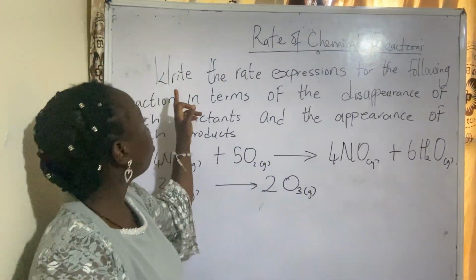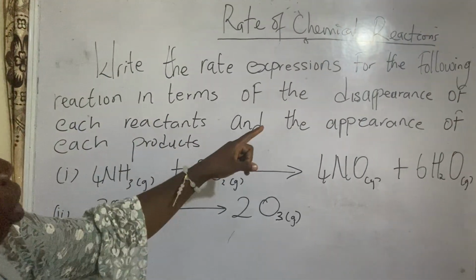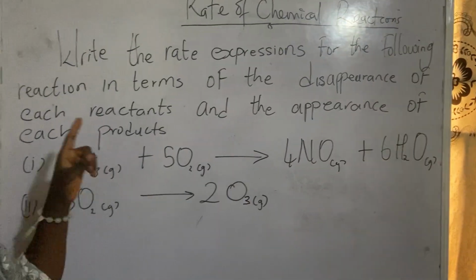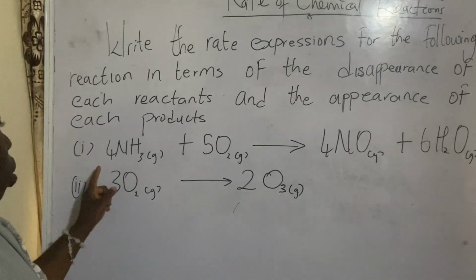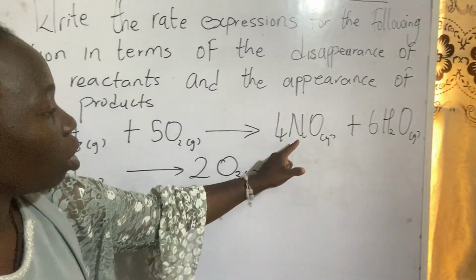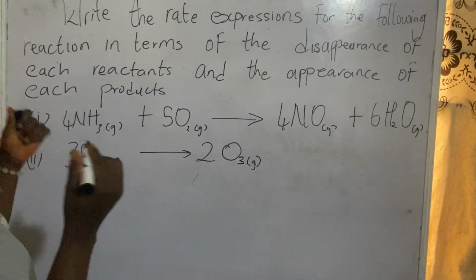For example, write the rate expression for the following reaction in terms of disappearance of each reactant and the appearance of each product. So they gave us ammonia reacting with oxygen to give us nitrogen oxide and water. So how do we do the first one?